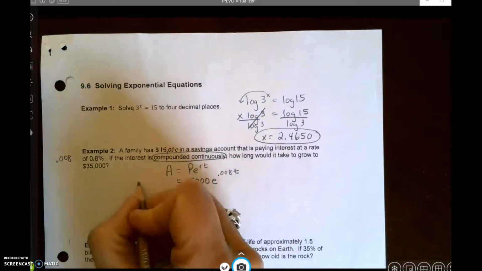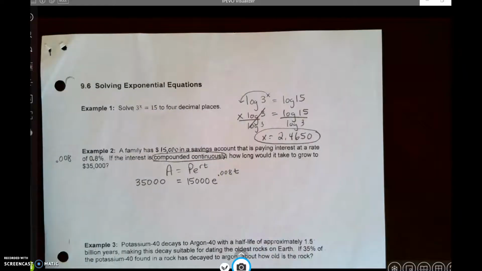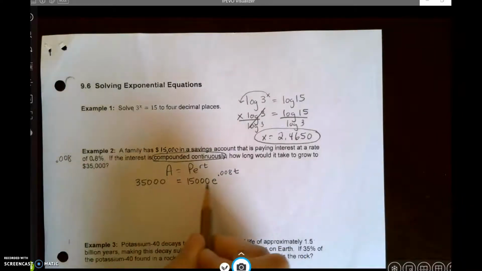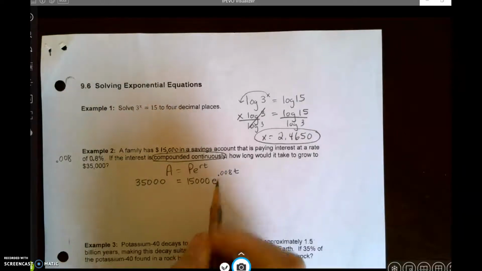And I want to have $35,000. So now I'm going to solve. I know that because of the e, I'm eventually going to be taking the natural log of each side, but not yet. I need to get that e alone.